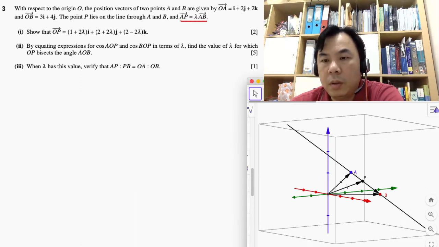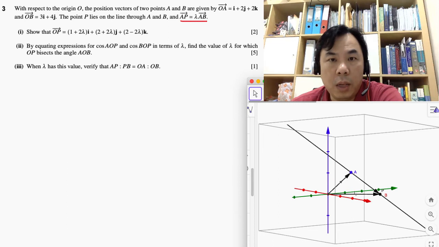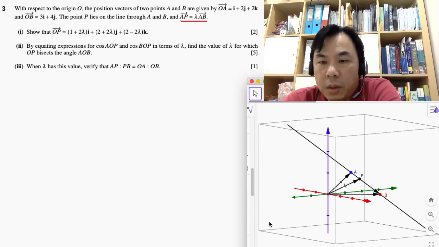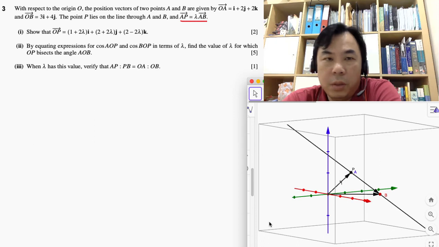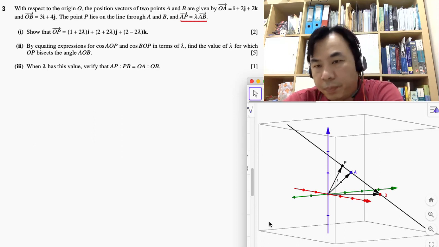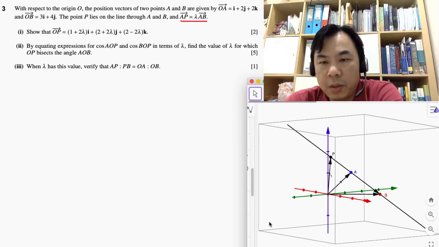Okay, so generally it will look something like this. So the position vector P can be anywhere along the line AB, because it says that P is actually lying on the line itself. Okay, so it should be something like this, for instance. Give it a while to let you see what we are looking at here. So the position vector P can be anywhere in the three-dimensional space here.